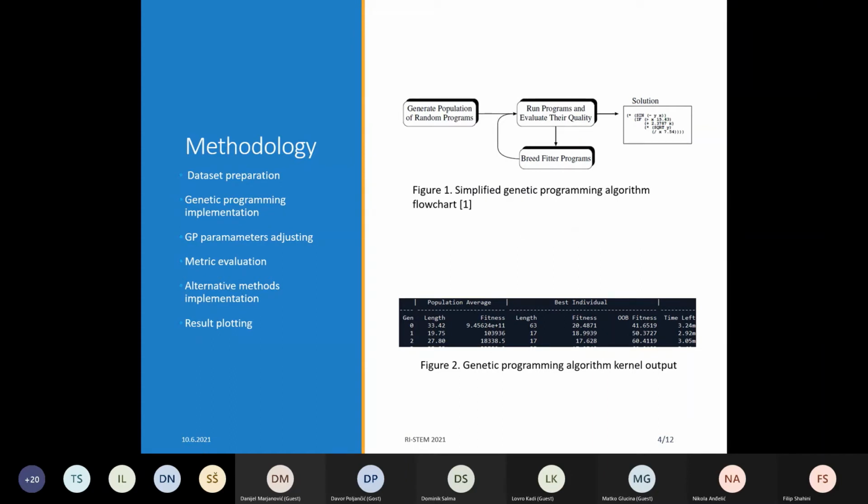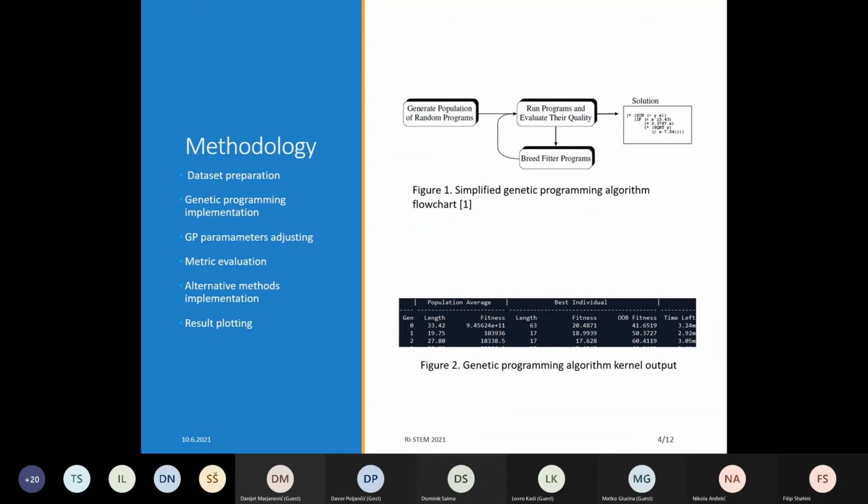After the dataset preparation, using the Python library gplearn, the genetic method was applied to the dataset in order to get the results. Genetic programming is an evolutionary approach that extends genetic algorithms to allow the exploration of the space of computer programs.